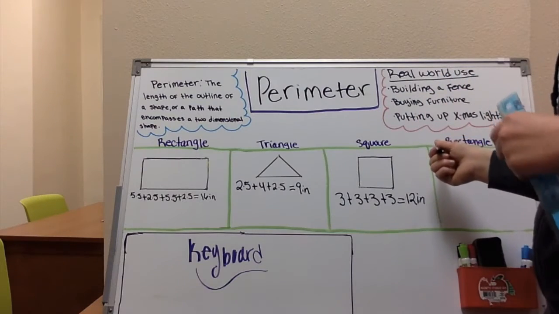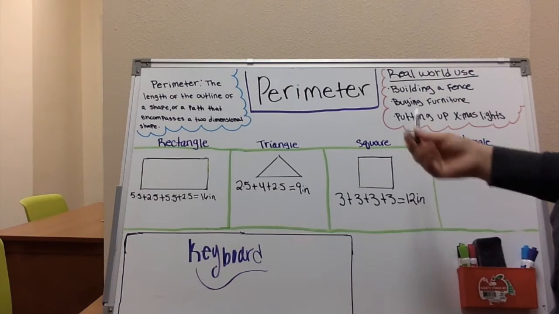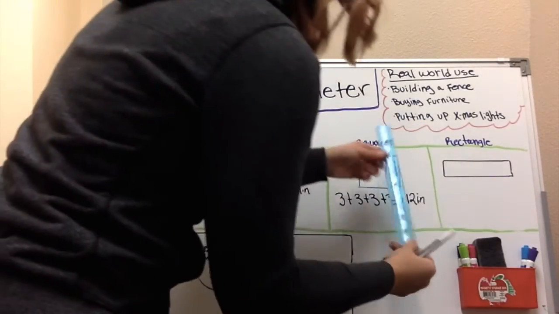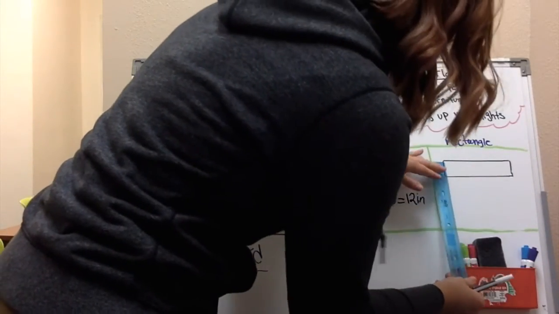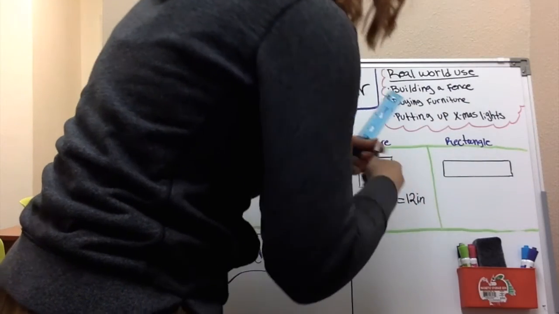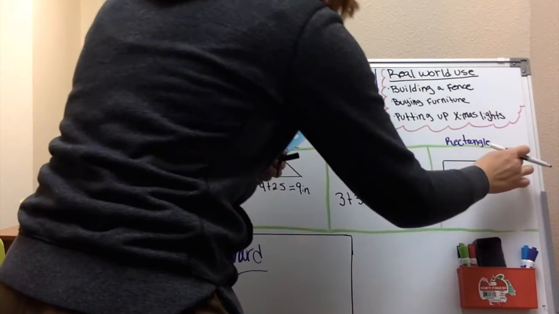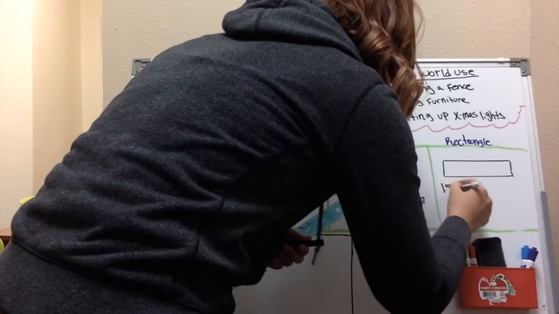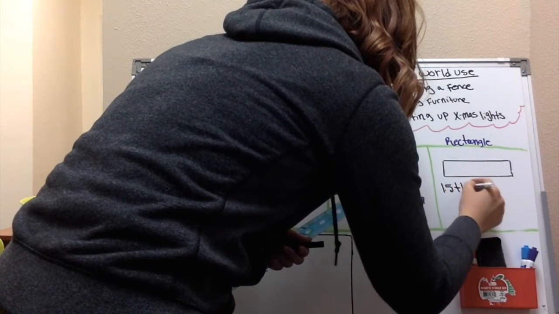And this last one, again, is a rectangle, but it's just a different shape of rectangle, so we're going to need to know the dimensions again, just in case for a real world situation. So this one is 1.5, and we know this side is congruent with this side, so it's going to be 1.5 plus 1.5.